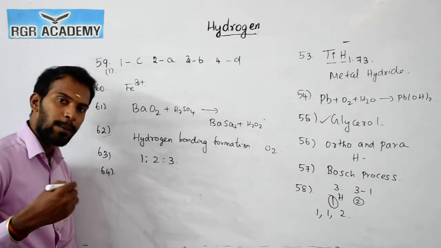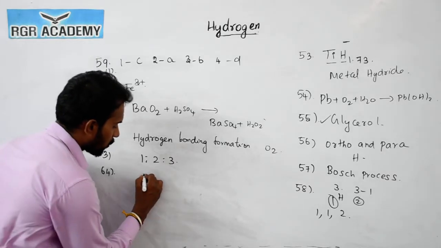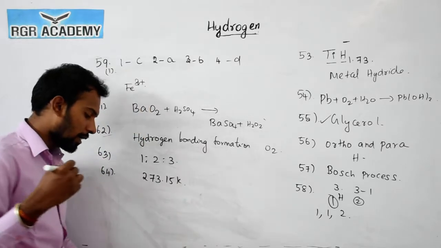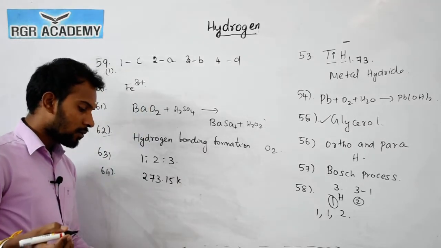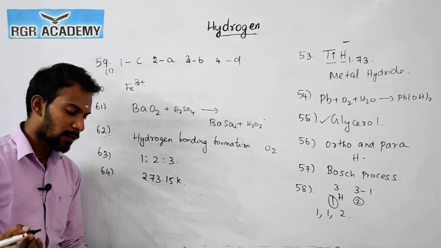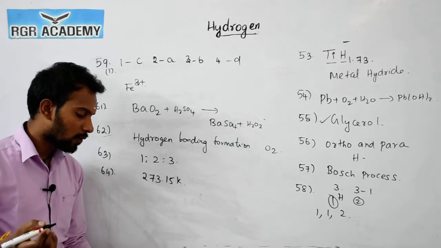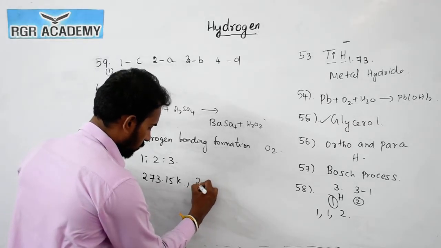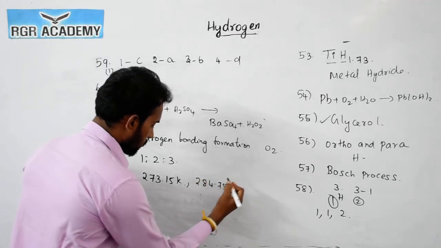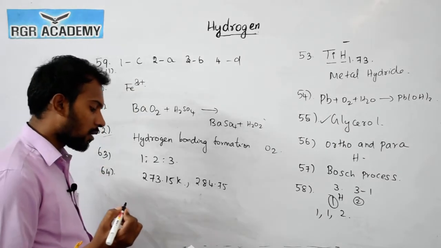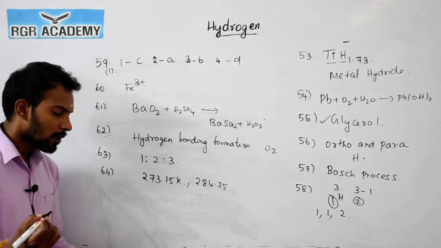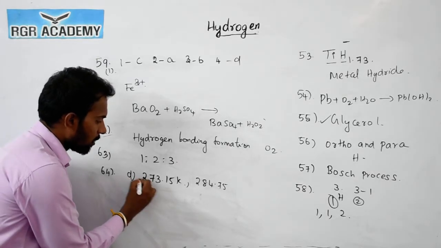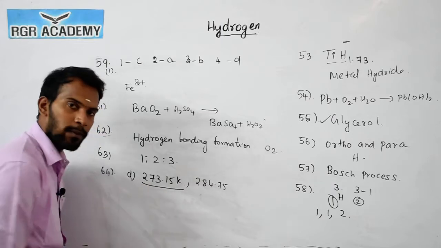So for H2O the temperature is 273.15 Kelvin. D2O has a higher temperature of maximum density, 284.75. So change the option present in option D, change 277 to 273. Option D is the right answer, but here 273.15 is the right value.